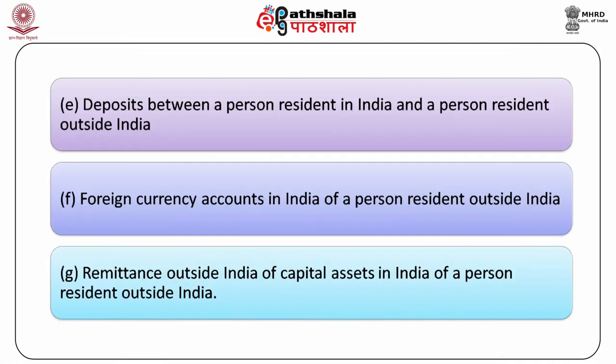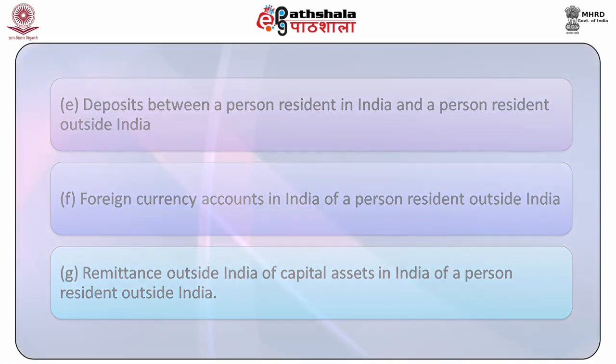E. Deposits between a person resident in India and a person resident outside India. F. Foreign currency accounts in India of a person resident outside India. G. Remittance outside India of capital assets in India of a person resident outside India.